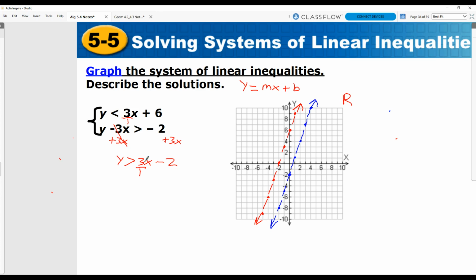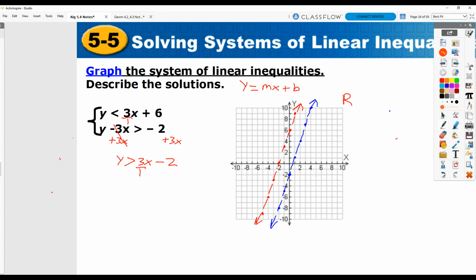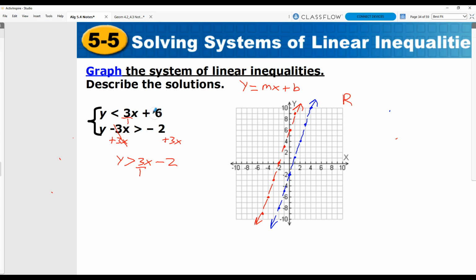All right, so now, we forgot to do the shading on the first one. Okay, so let's go back and take care of all of our shading here. All right, I didn't get that done on that red line. I apologize. Let's go and get that shading taken care of. All right, so our shading. Let's see, so we're starting with our first line. So this one is saying y is less than the line.